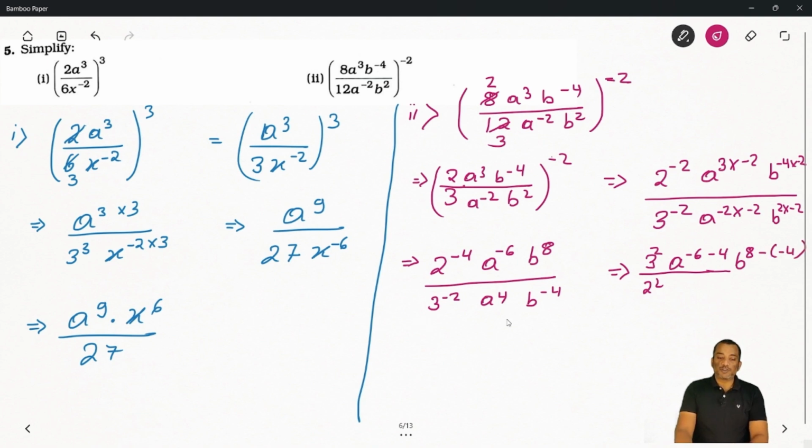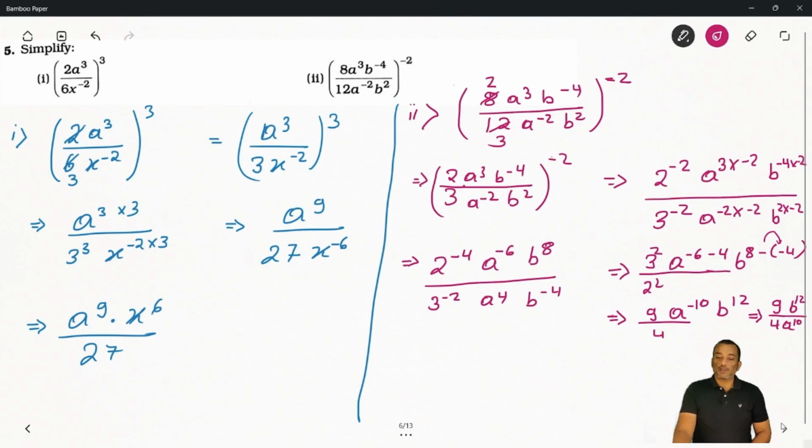So how much will you get? 3 square is 9 and 2 square is 4, and a to power minus 6 and minus 4 is a to power minus 10, and b to power 8 and this minus and minus become plus, so b to power 12. So the final answer is 9 over 4, b to power 12 by a to power 10.